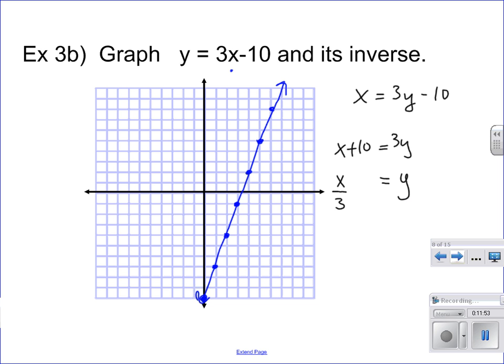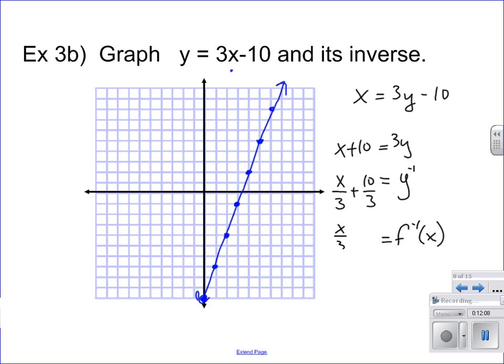Call that x over 3 plus 10 over 3, which is 3 and a third. This is y inverse. And you could also see it written this way. But the nice thing about this one, I'll graph it in black here, is up 10 thirds.